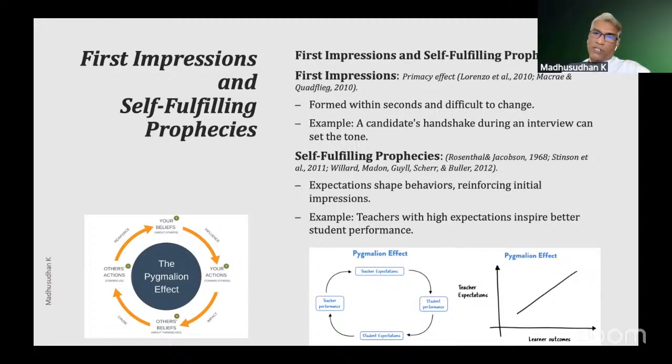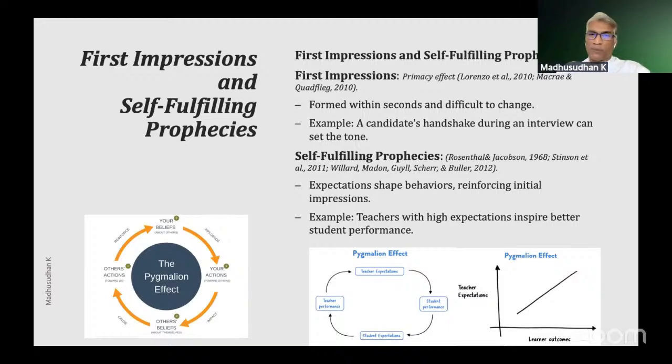So it is very important to handshake for a brief period, maximum 2 to 3 seconds, then leave the hand, otherwise it will trouble you. That is what was told by Lawrence et al. and Macri and Quadflieg. These people defined first impression in their own style.